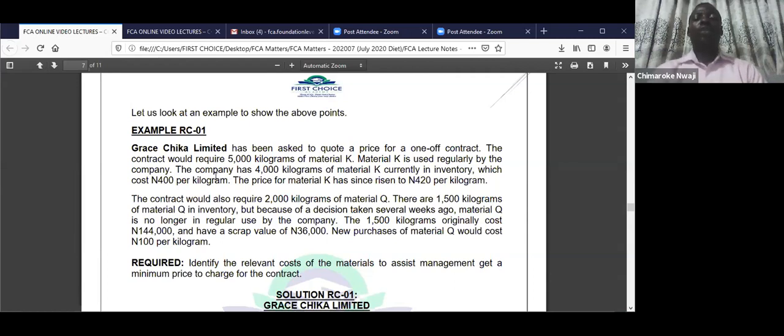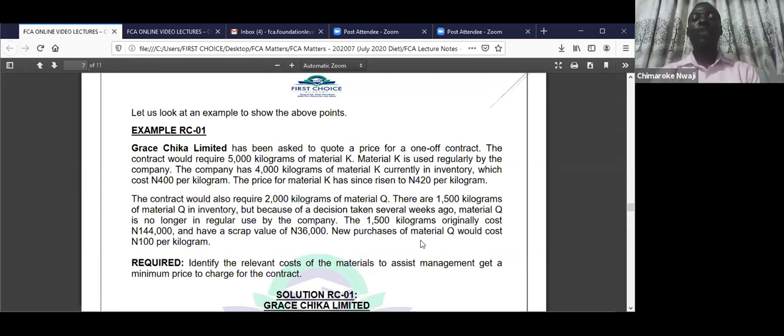The contract will also require 2,000 kilogram of material Q. There are 1,500 kilograms of material Q in our inventory, but because of a decision taken several weeks ago, material Q is no longer in use by the company. The 1,500 kilograms originally cost 144,000 and have a scrap value of 36,000.